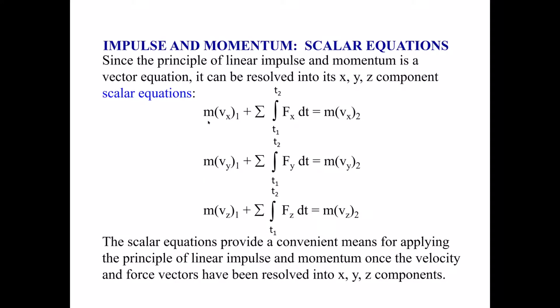So we could represent it this way, the x components, the y components, and the z components, okay? So it may be more convenient and simpler to solve the individual components as opposed to setting it all up in vector form, okay? And that's if we're using Cartesian coordinates to represent it, right?